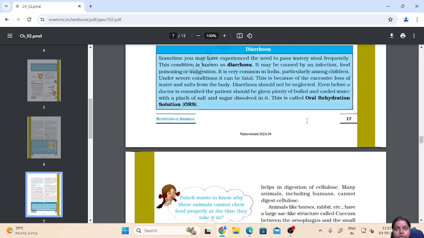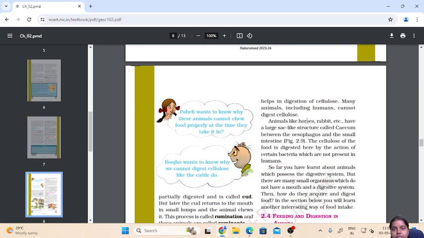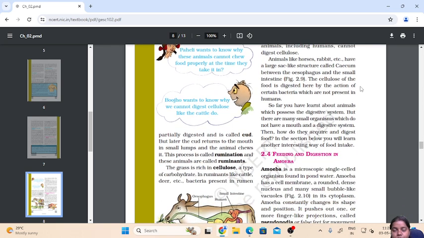In the rumen, the food gets partially digested, and that partially digested food is called the cud. Later, this cud returns to the mouth in small lumps, and the animal starts chewing it again.